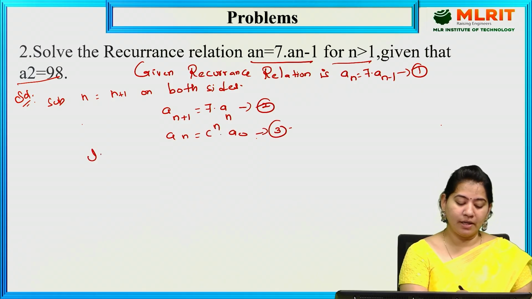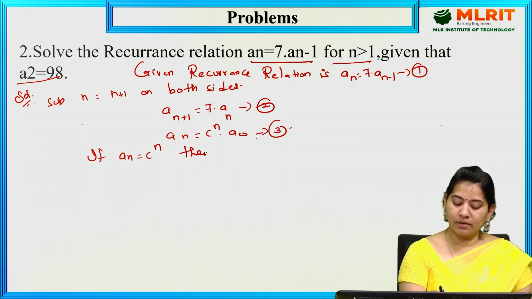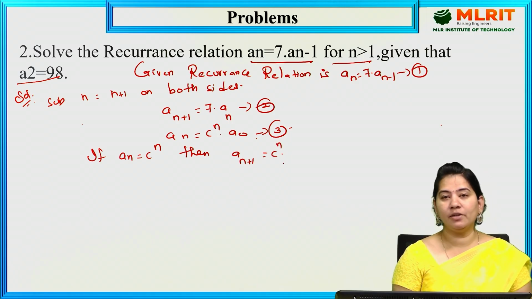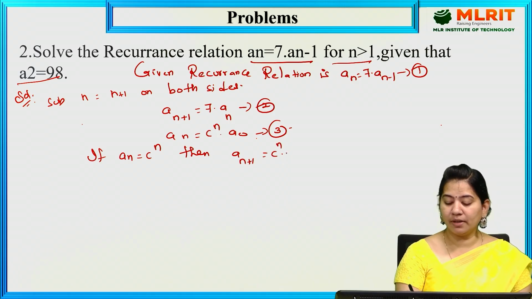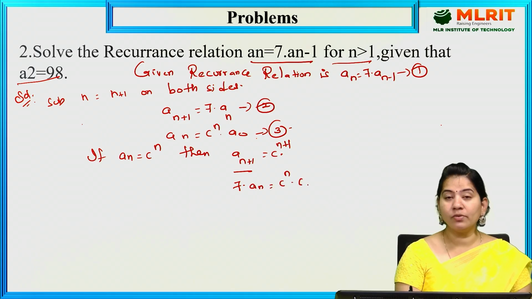We know that if a_n = c^n, then a_(n+1) = c^(n+1). What is a_(n+1) from the given equation 2? It is 7 * a_n, so 7 * c^n = c^n * c.